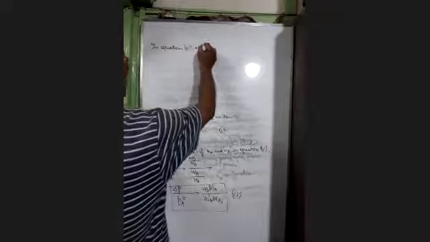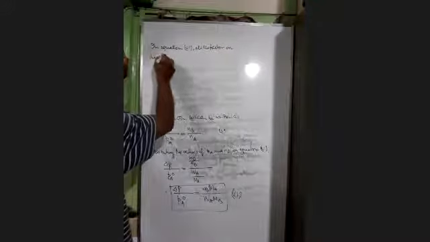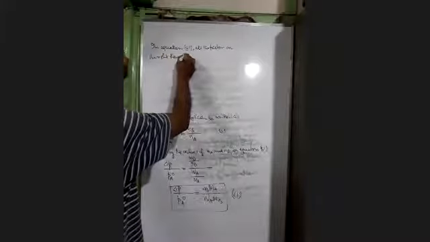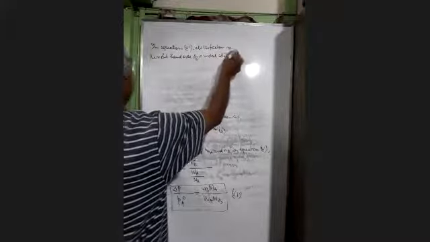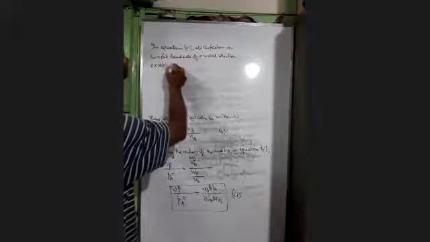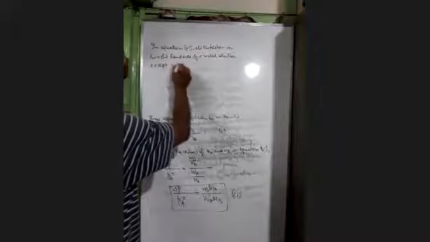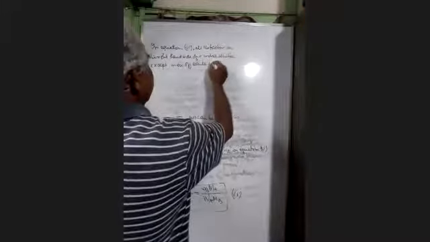In equation 6, all the factors on the right hand side of a molal solution except mass of solute WB are constants.